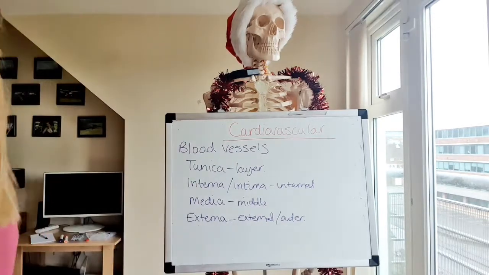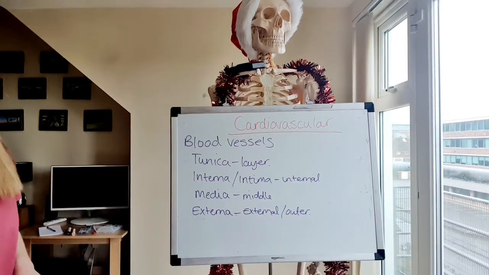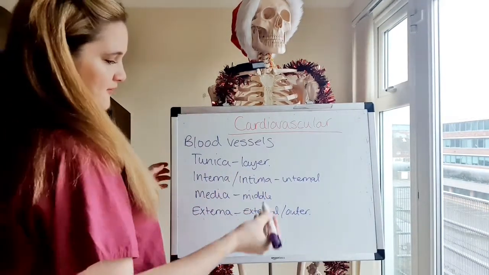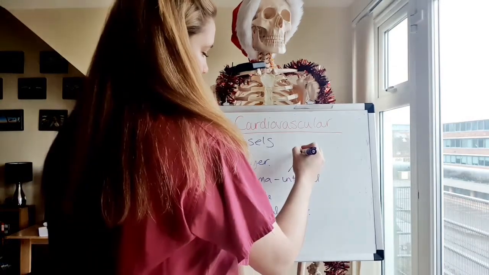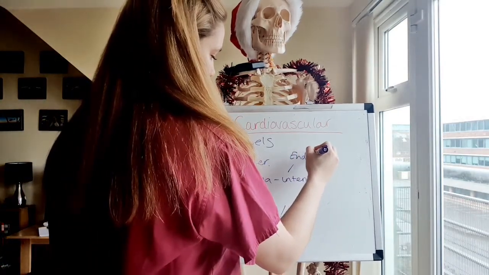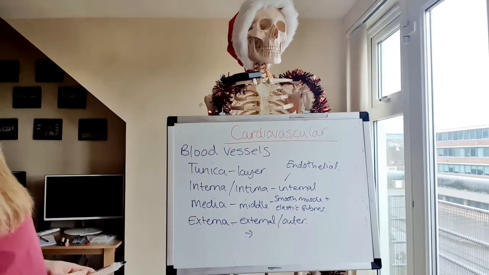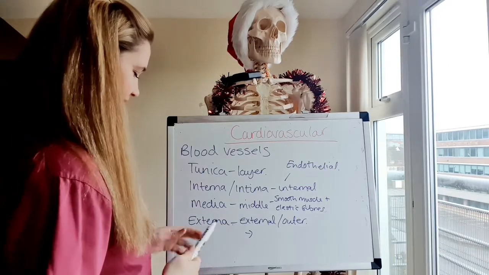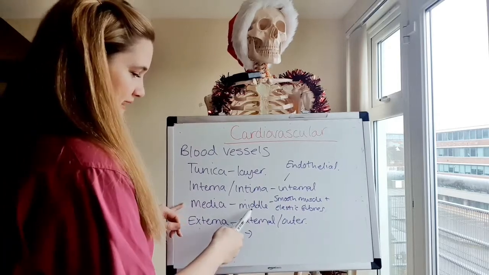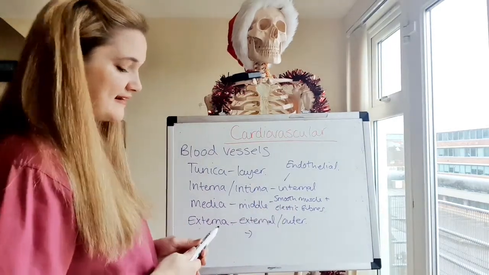Okay, and I want to go through what these three layers are made up of. So the internal layer is endothelial cells. Sorry, camera went a bit strange there. So the tunica media is the middle layer, and it's made up of smooth muscle and elastic fibres.